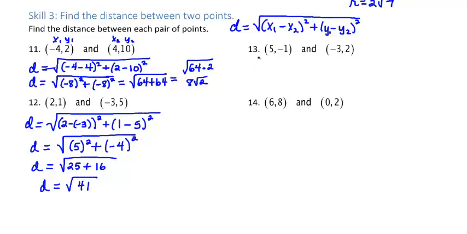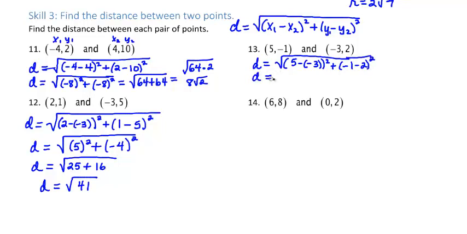Number 13 is to find the distance between (5, -1) and (-3, 2). So the distance is the square root of (5 minus negative 3) quantity squared plus (-1 minus 2) quantity squared.